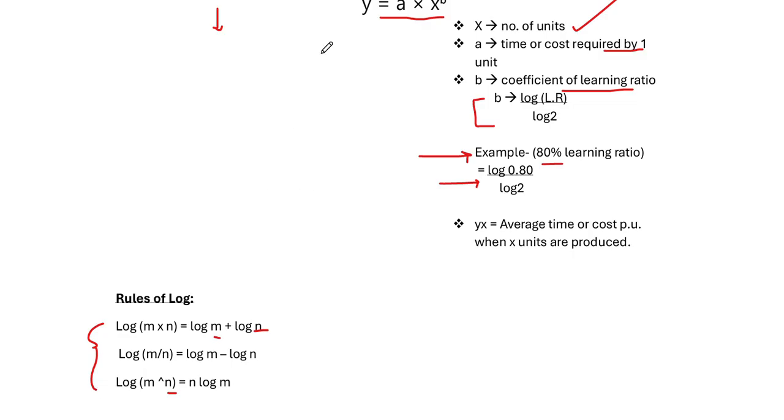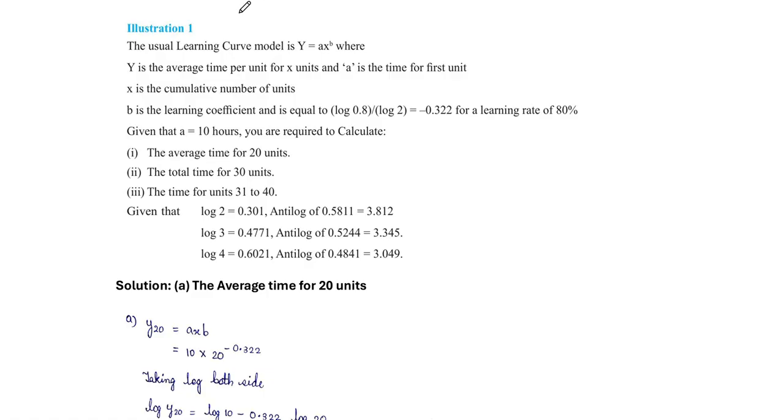Let's move towards the question part. First, we will solve question number 1. Let's understand carefully. The usual learning curve model is y equals a x to the power b. The formula is given here where y is the average time per unit for x units and a is the time for the first unit. x is the cumulative number of units, b is the learning coefficient and is equal to log 0.8 divided by log 2.